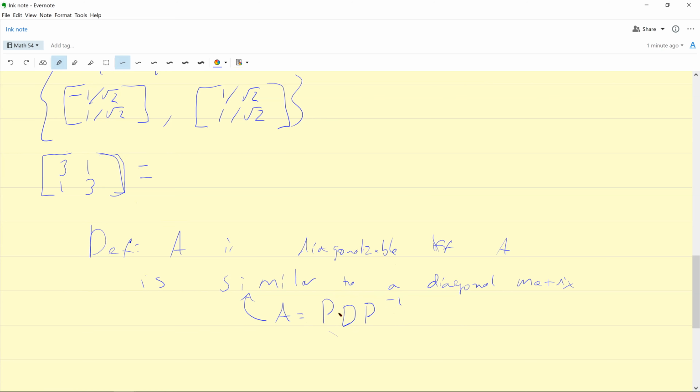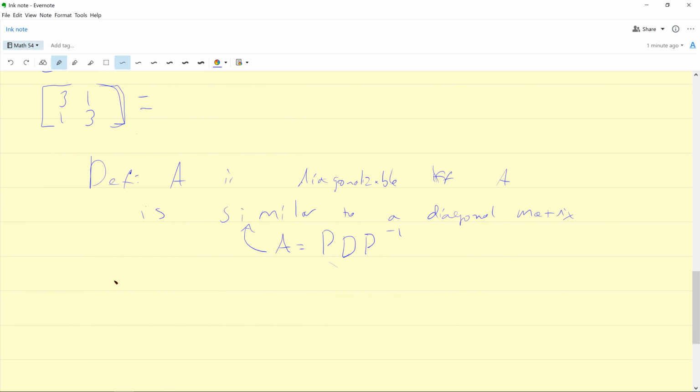So essentially when we're diagonalizing, we have these eigenvectors V1 and V2 that form a basis. So let's call this B, for example, or maybe beta.